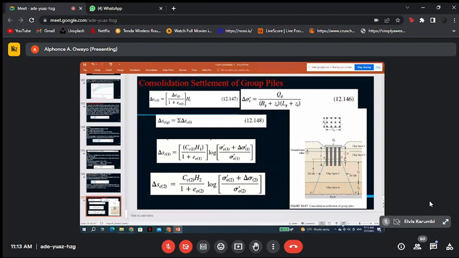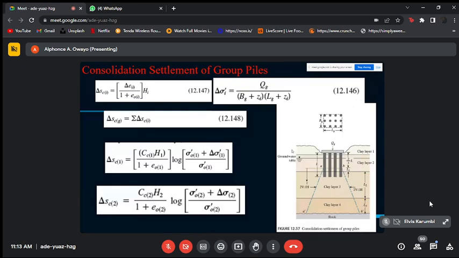So let me try to explain to you, maybe that can help. For example, this is the surface, and you've added a load or stress Q here. Those stresses will spread in terms of bulbs. Class rep, have you done something like this? Yes.